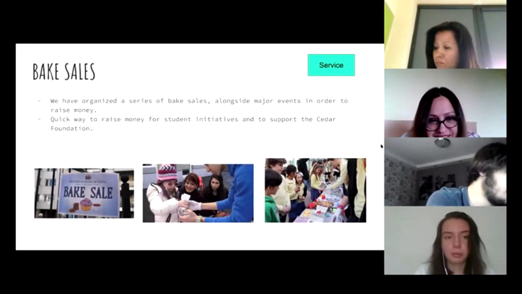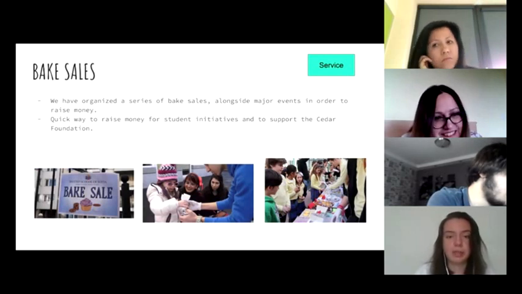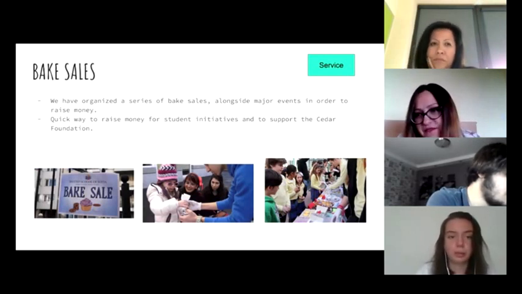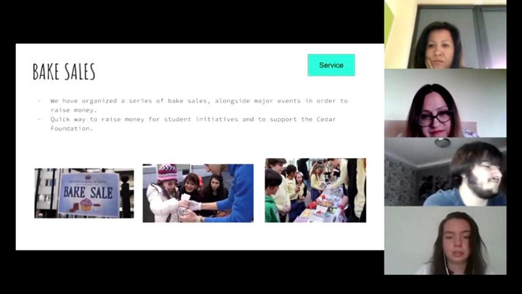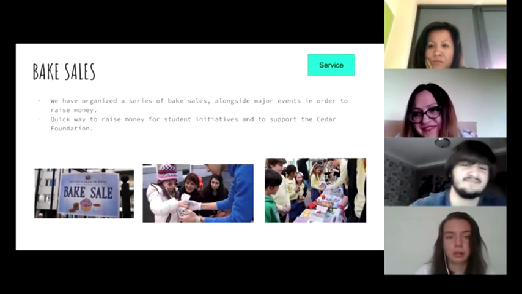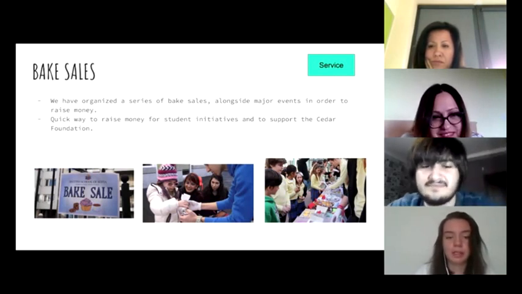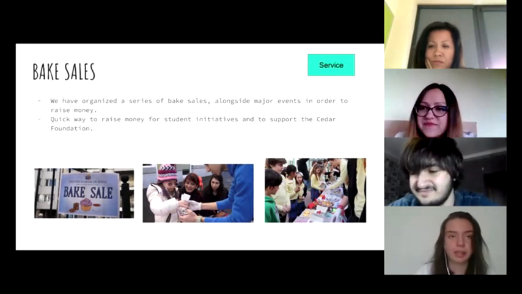Okay, so with bake sales, along with all the major events, we also organized bake sales because it was a really quick way to raise money for student initiatives. We went also to the kindergarten, as well as our main school building, and we raised quite a lot of money. Some of the bake sales even had a theme.